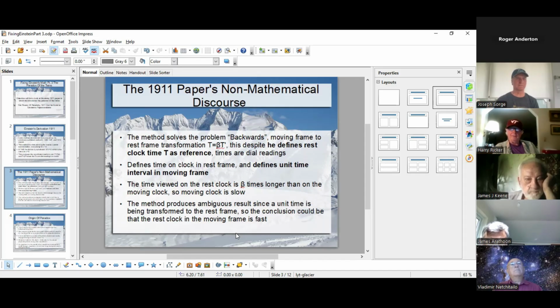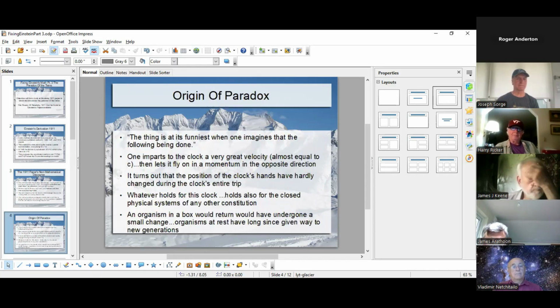And then you have that problem that I talked about before, which is, what does this mean? Does it mean that time is the same in the moving frame, but only appears to be slow in the rest frame? Or is the clock in the moving frame actually running slow? Well, we don't know. Okay. So that's our preliminary discussion, which was a review of what I talked about earlier.